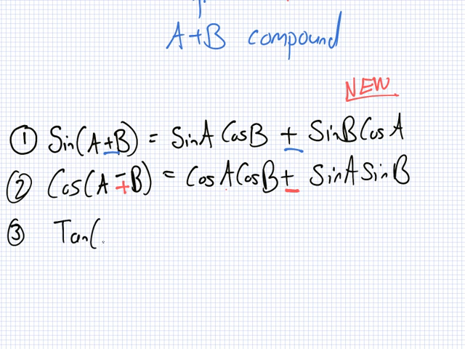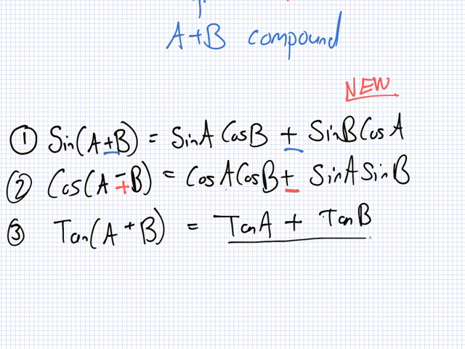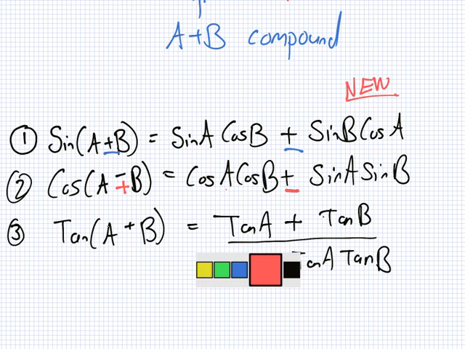Tan A plus B is tan A plus tan B over 1 minus tan A tan B. And if we had tan A minus B, then we'd have tan A minus tan B over 1 plus tan A tan B. Okay, so these are our 6 compound angle formulas.